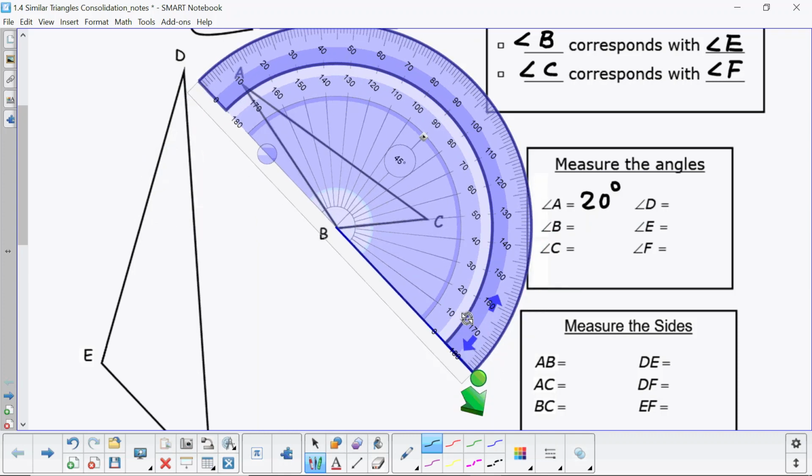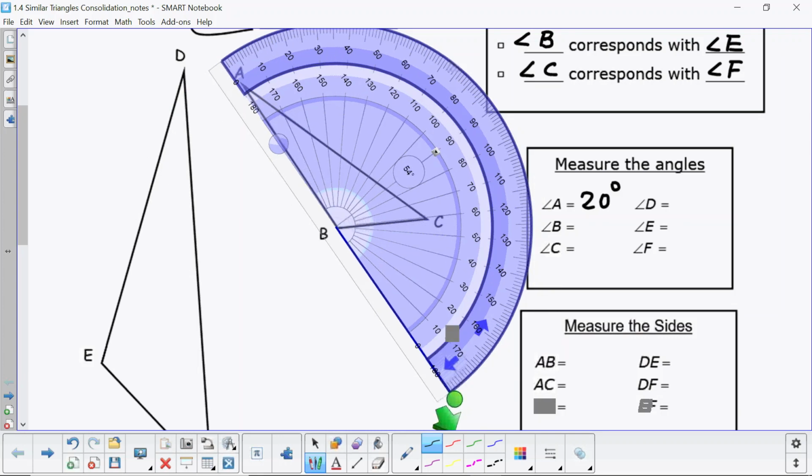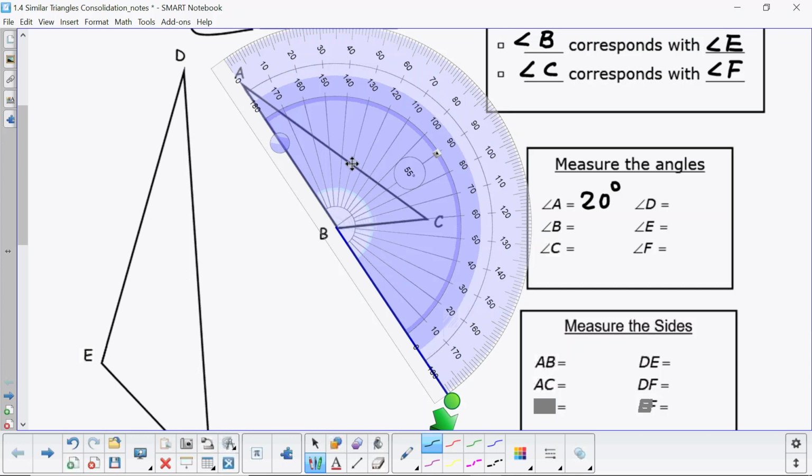We could just stay here. We don't need to move. So we just put this one here. Then we see this line overlaps with one arm of angle B. Then we are going to see the measurement of angle B.